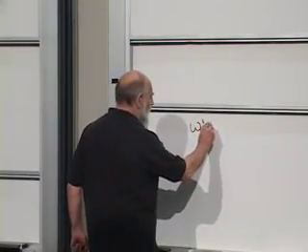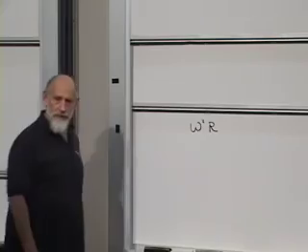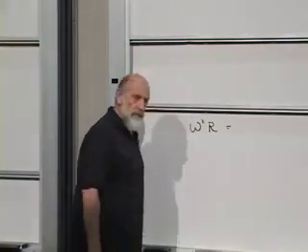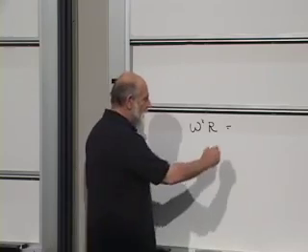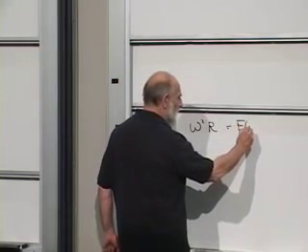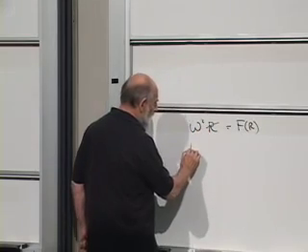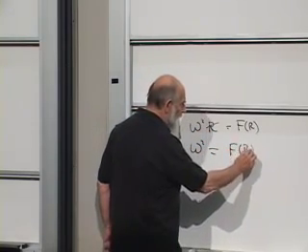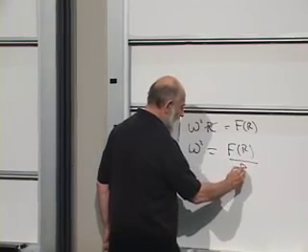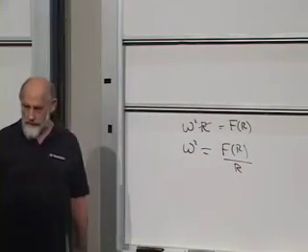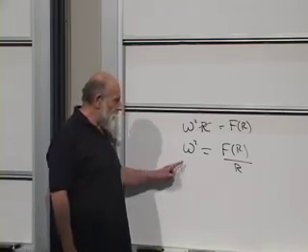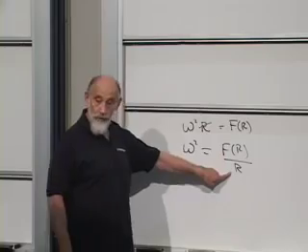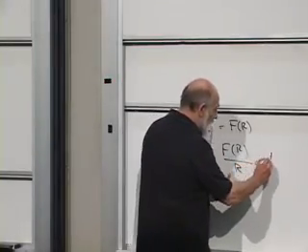Now, suppose he sets that equal to some unknown force law, f of r, and then divides by r. Then he finds omega as a function of the radius of the orbit. Let's do it for the real case. For the inverse square law, f of r is 1 over r squared, so this would be 1 over r cubed.